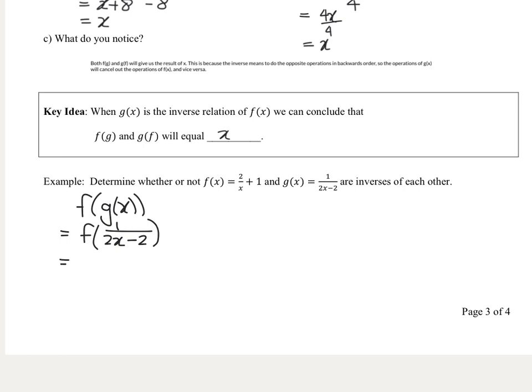So over here, this is my g of x function, which I am going to substitute in for this x right there. So I get 2 over 1 over 2x minus 2, and then I'm going to add 1.